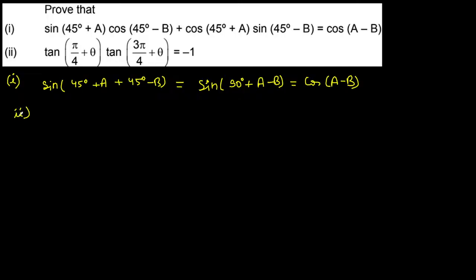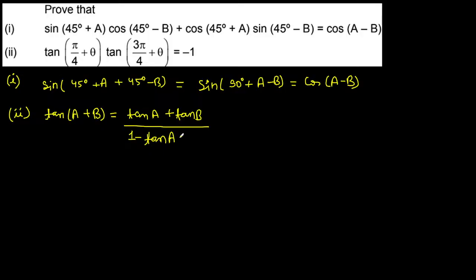Second: tan A tan B is minus 1. If you remember the formula of tan (A plus B), it is nothing but (tan A plus tan B) upon (1 minus tan A tan B).